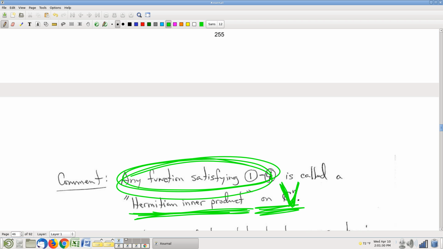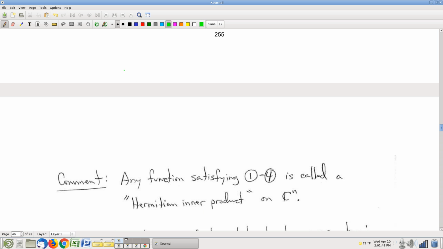And a lot of quantum mechanics is done by looking at specific Hermitian inner products on that complex vector space. So anyway, what we're seeing here is the first step in the direction of how you do quantum mechanics, and so there's a lot of applications down there. Again, we don't have time to do those applications. It's just a cultural note.